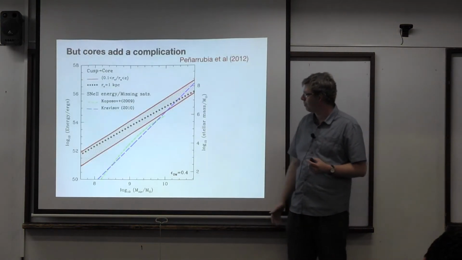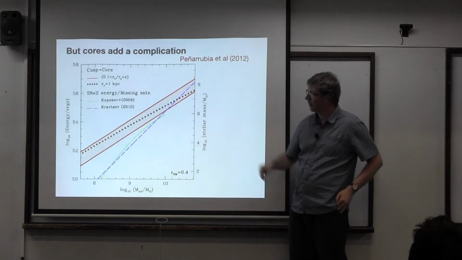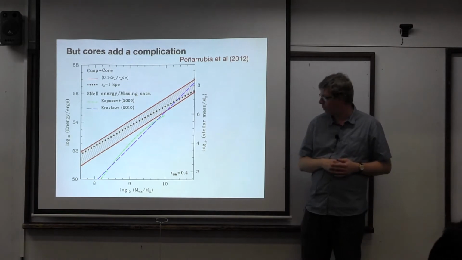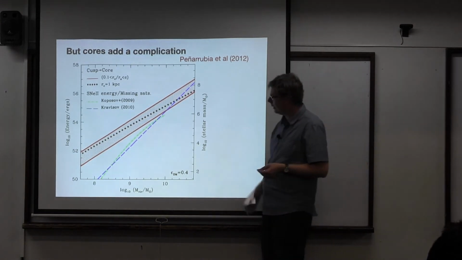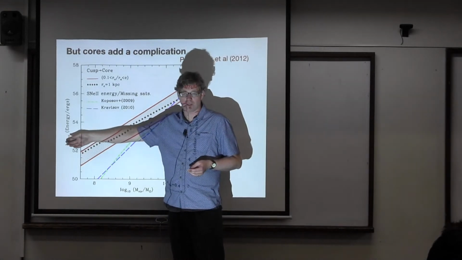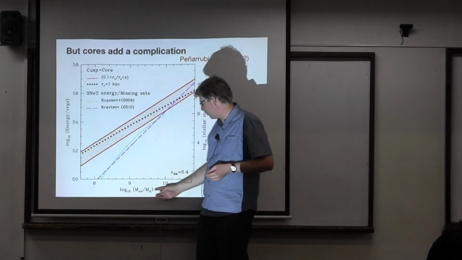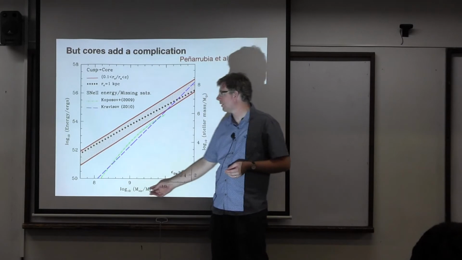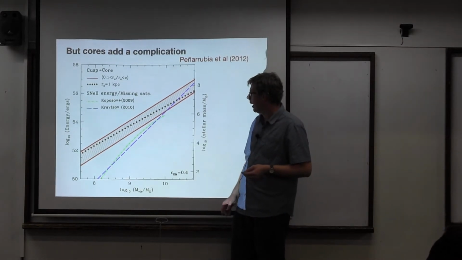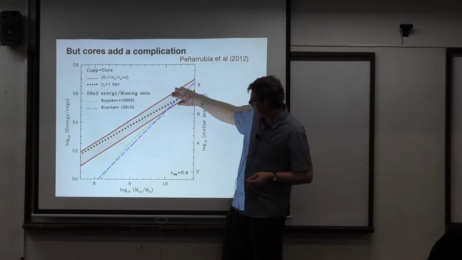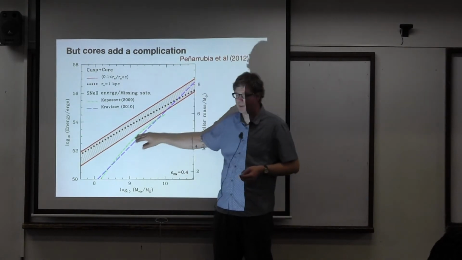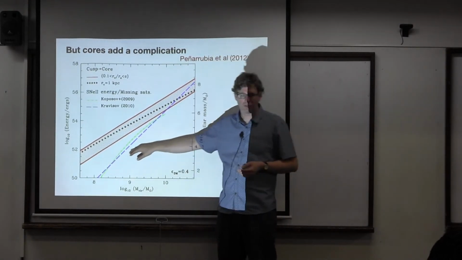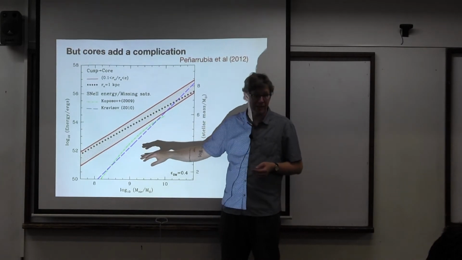So people have looked at this. Jorge Penarrubia is probably one of those who have looked more carefully at this. He calculated the amount of energy that you need to make these cores as a function of the mass of the halo that these galaxies lie in. And he tried to compare this to what you needed in order to get rid of these missing satellites.